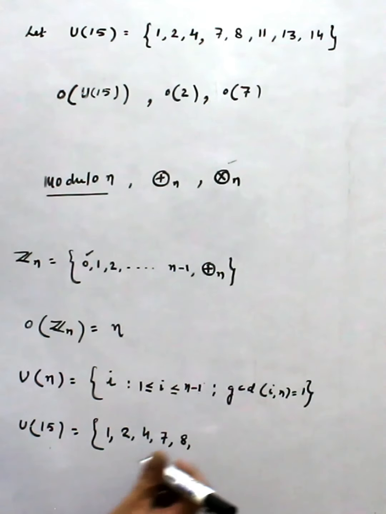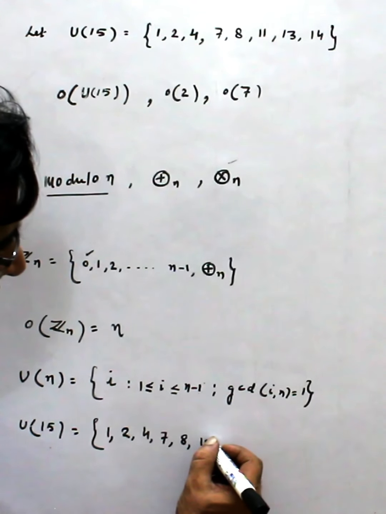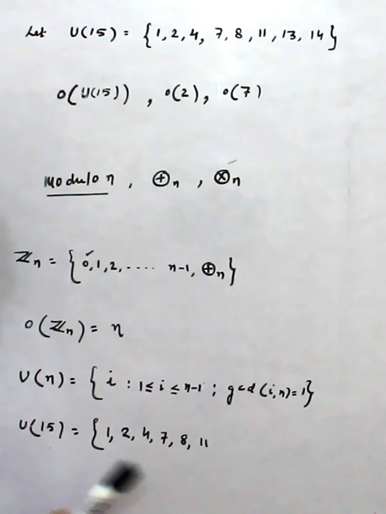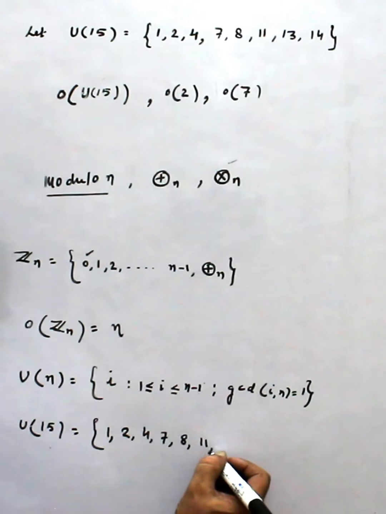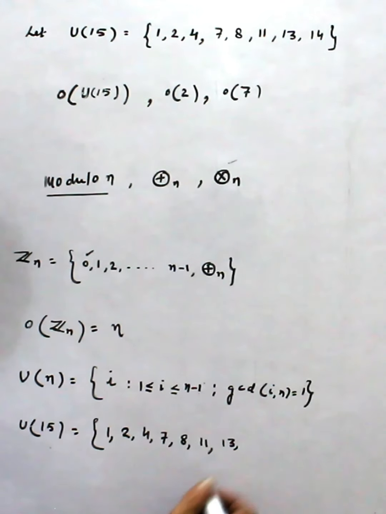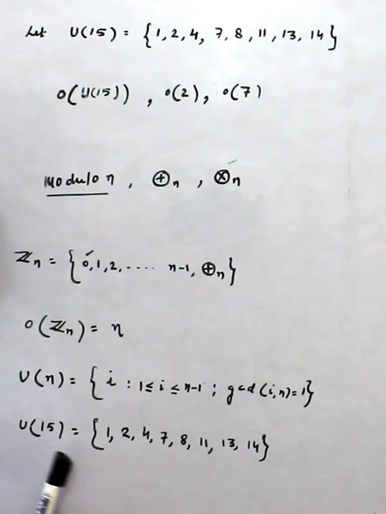3 can divide, so thereafter we can take 11. 10 we cannot take because 10 is divisible by 5 and 15 is also divisible by 5. So the other elements we take are 13 and 14. So these elements we can take. Now simply we can consider what is the order.